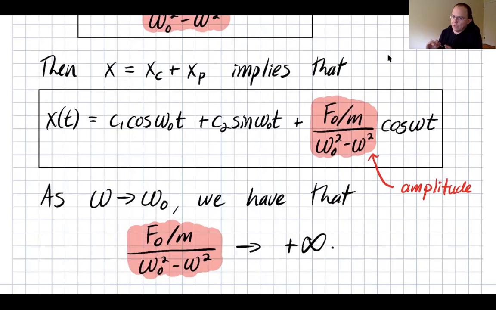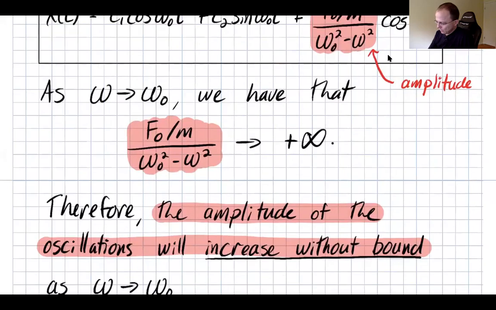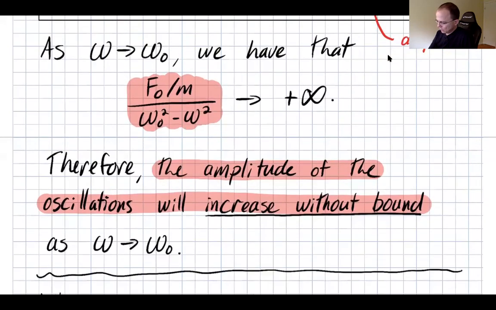We're assuming that there's no damping, and so that is obviously affecting what we're getting here. But it is showing a very interesting phenomenon. So the amplitude of the oscillations can increase without bound as the external frequency is approaching the natural frequency.